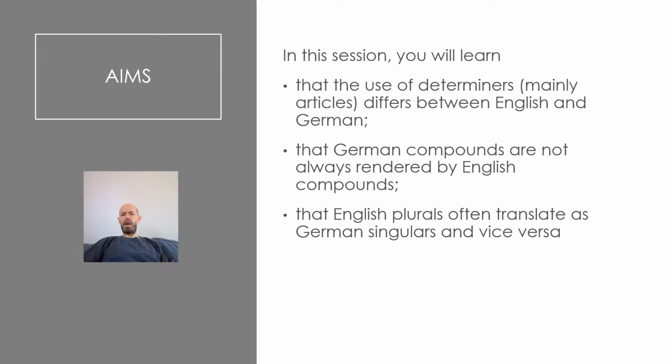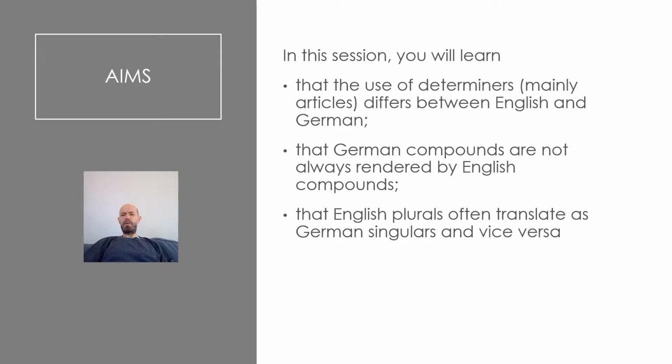You'll also learn that German compounds are not always rendered by English compounds. So a word like Entwicklungsmaßnahmen or things like that, very long compounds, can be rendered very often just by simplexes, simple nouns such as development.